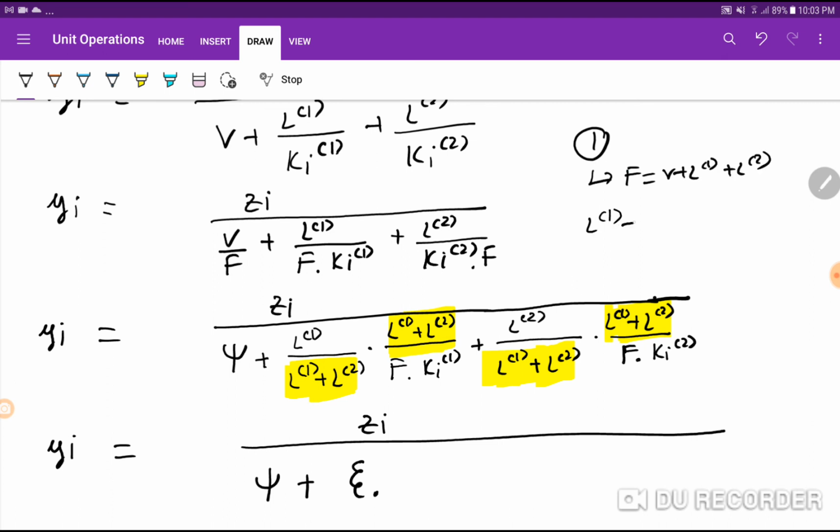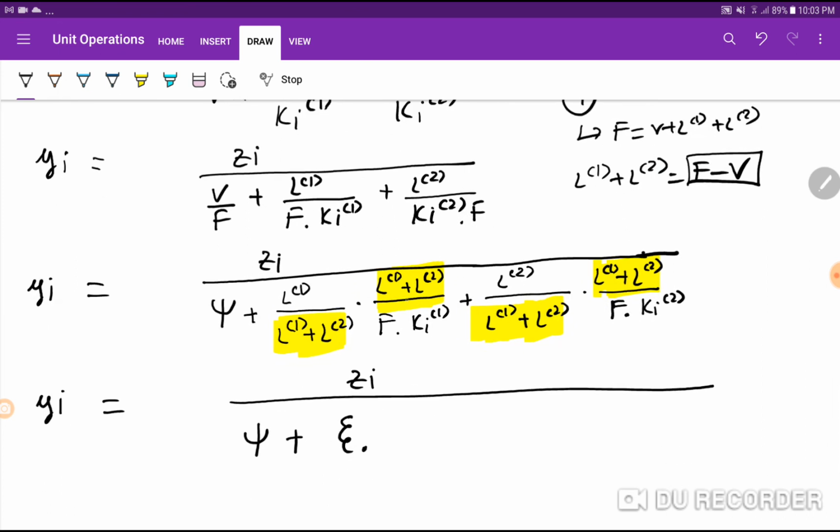So we have L1 plus L2 equal F minus V. So I'm gonna replace L1 plus L2 here with F minus V over F times 1 over Ki1.